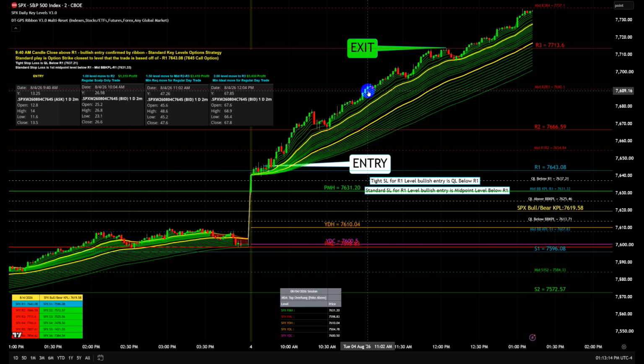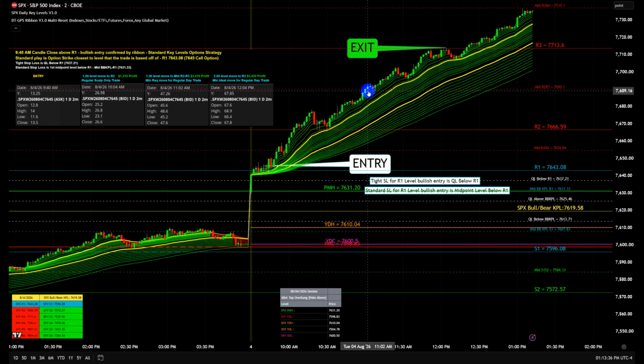Okay, so entry $13.50. There are three different targets for either exit or adjustment, just depending on your time horizon, how long you'd like to stay in the trade, and what your overall goal is with the trade.